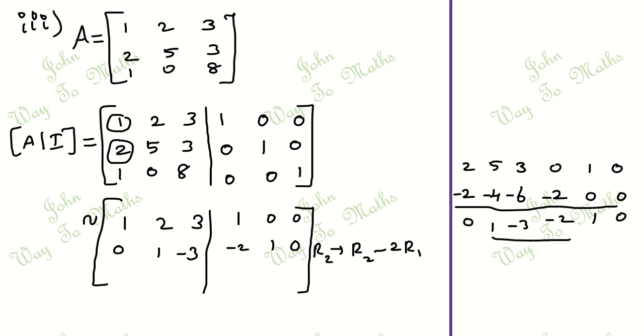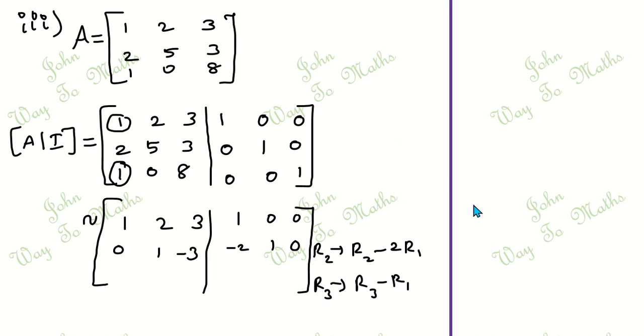Then for the third row first element, we can minimize using row 1. So r3 can be written as r3 minus r1. Row 3 is 1 0 8 0 0 1, and row 1 is 1 2 3 1 0 0.